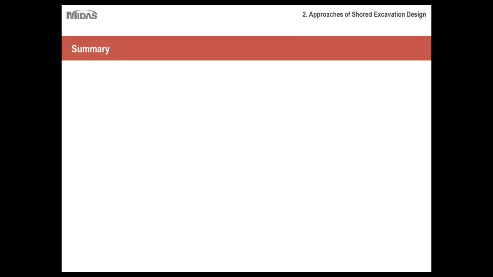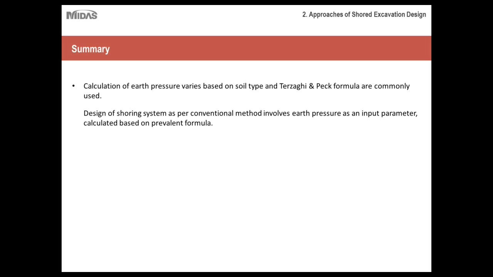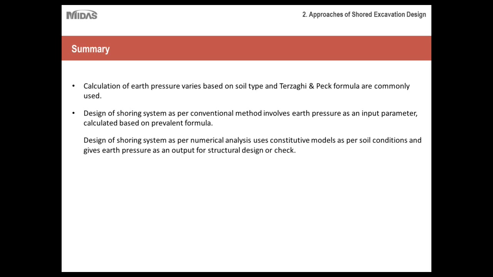Now this brings us to the end of chapter 2. So let me quickly summarize what we learned in this chapter. Calculation of earth pressure varies based on soil type, and Terzaghi's and Peck's formulas are commonly used. Design of shoring system as per the conventional method involves earth pressure as an input parameter that is calculated based on the prevalent formula.